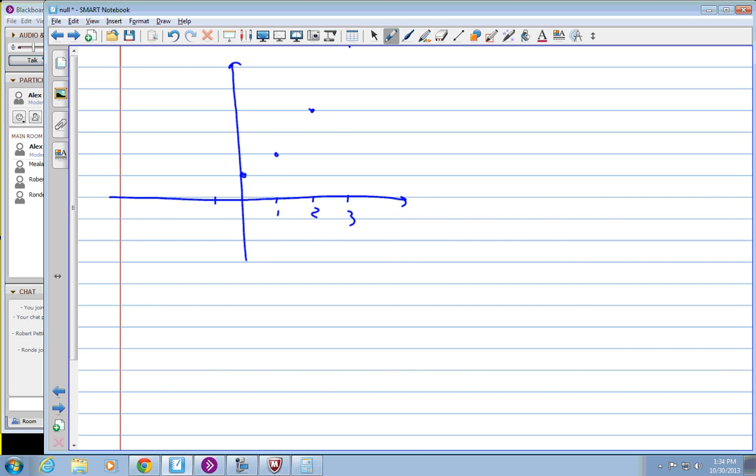On this end, -1 gave you 1/2, -2 gave you 1/4, and -3 gave us 1/8. So something like that, right? So when I connect them, the graph looks like this. So this was 2 to the x.